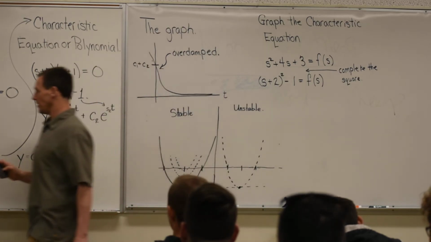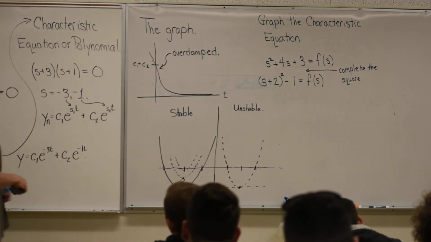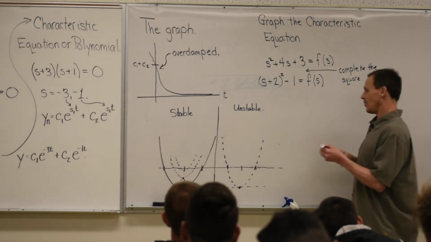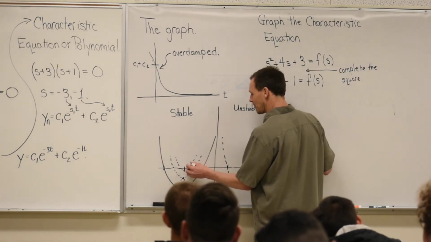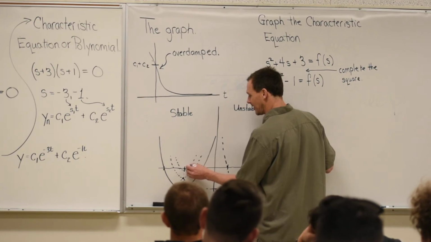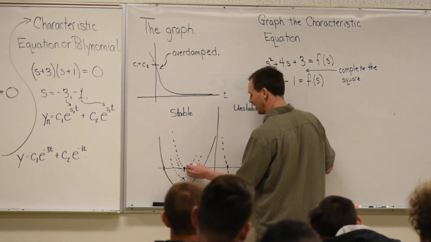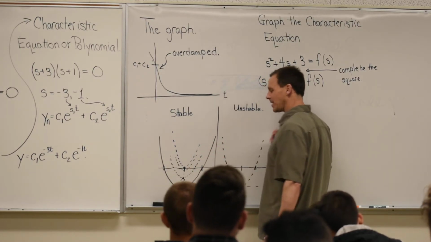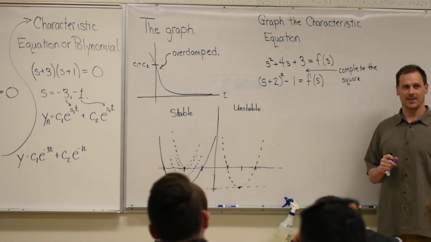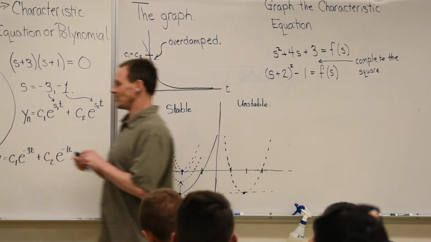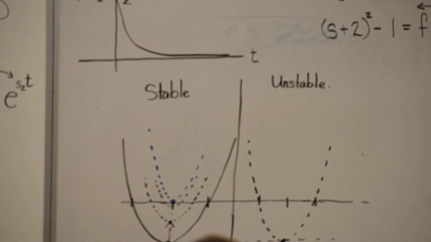Okay, here we go. Wait, I remember what I was going to ask you now. What happens if I moved my parabola so that it just rested there? It didn't want to be moved, it just wanted to rest. What would I have there? I'd have one solution. Let's see what that looks like. So let's change our characteristic equation now.